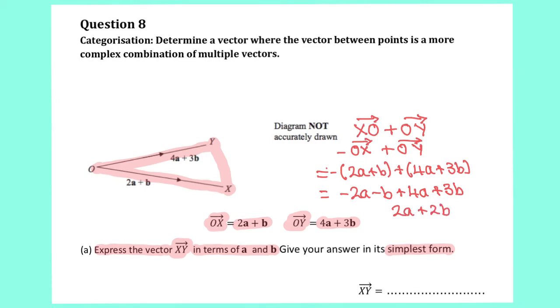So the vector XY is equal to 2a plus 2b.